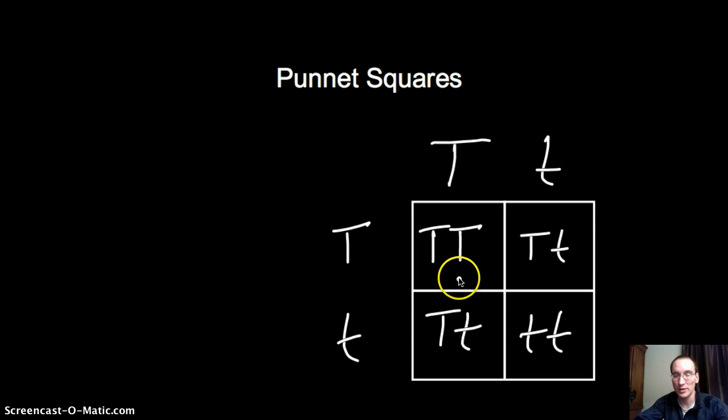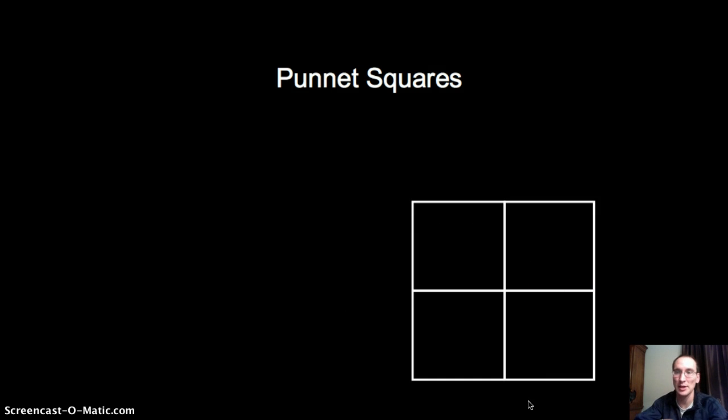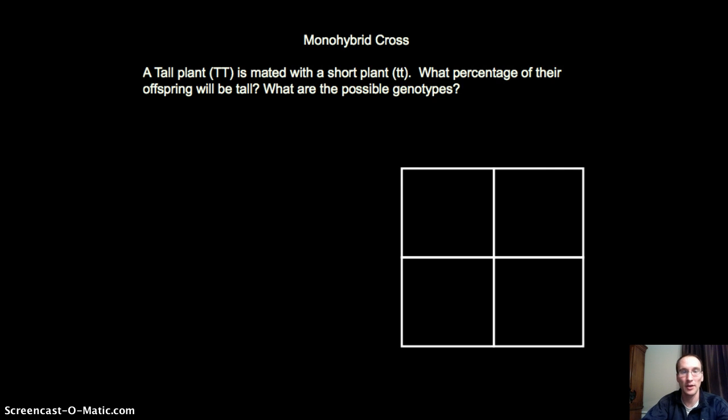Now with this we can say that for every 4 dogs that are produced, 3 of them will have a tall body, and 1 of them is going to be short. So that's what Punnett squares help us do. They help us figure out what the probability is going to be for the offspring.